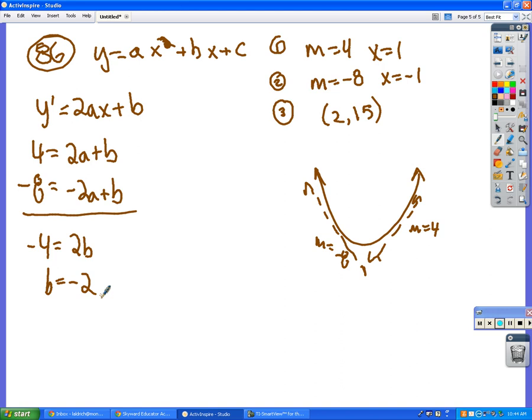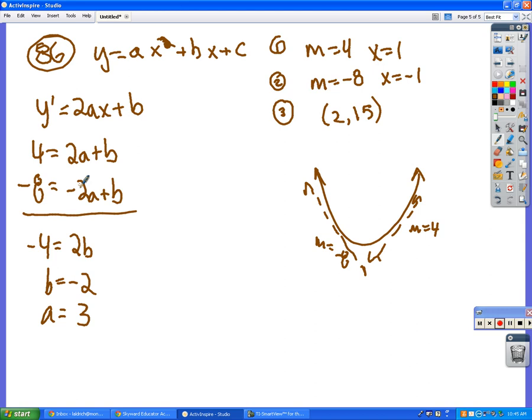If b equals negative 2, what does a equal? 3. If I plug in negative 2 for b, add 2 to both sides, 2a equals 6. 6 divided by 2 is 3. Or you could plug negative 2 into the other equation, add 2 to both sides, negative 6 equals negative 2a, divided by negative 2, and you get a equals 3.